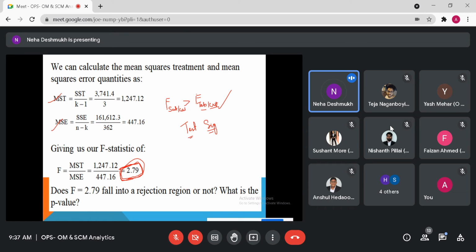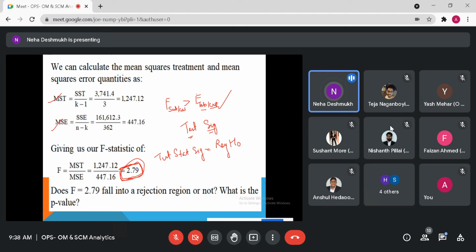Okay. When the test is statistically significant, this is the case when we reject the null hypothesis. Note it down.